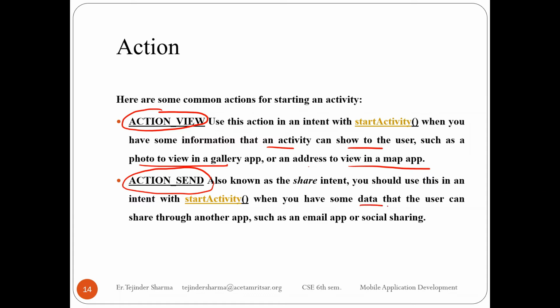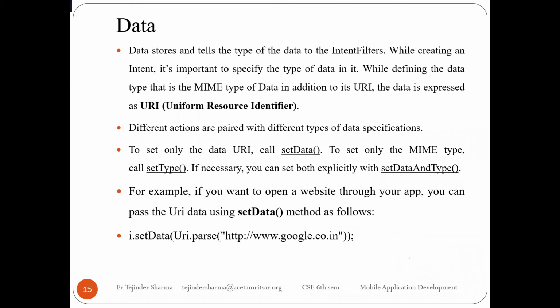That means the user has some data which can be shared through data sharing apps such as email, Twitter, WhatsApp, or Facebook messages. Wherever you are on social media and want to generate some messages, it is done with the help of ACTION_SEND.